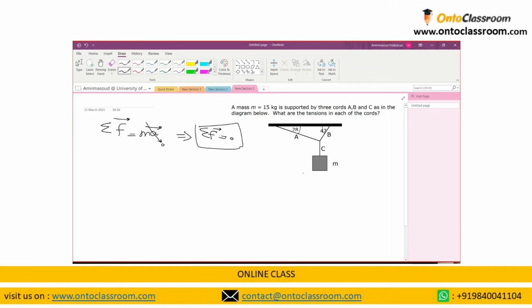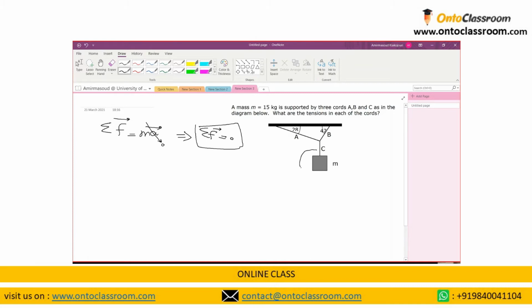So for this chord C, I want to write this equation. This chord is connected to this mass, and this mass has a force due to the gravity acceleration.